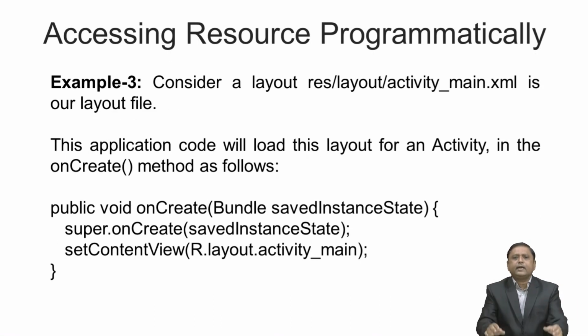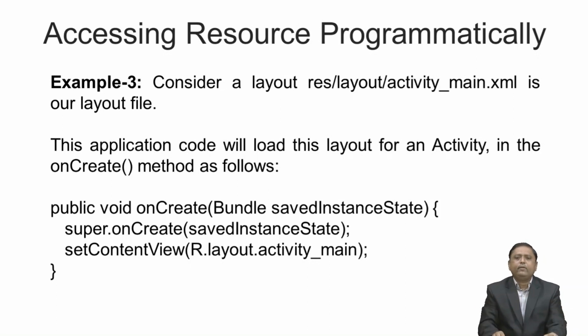The third example is: assume that we have the activity_main.xml file as our layout file. We have already learned this code. So, inside setContentView we can refer to our activity_main as R.layout. Remember, layout is the subdirectory and activity_main is our file name. But remember, again we are not specifying the extension here.